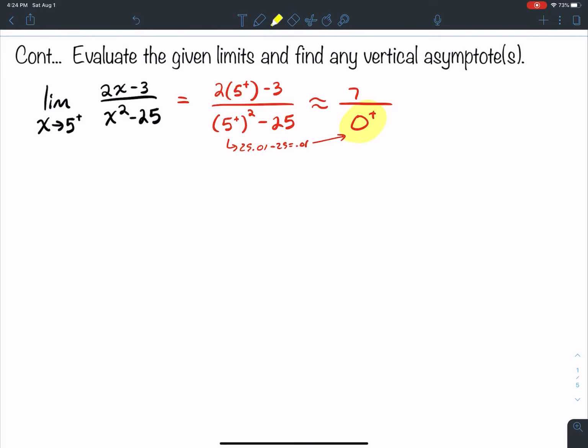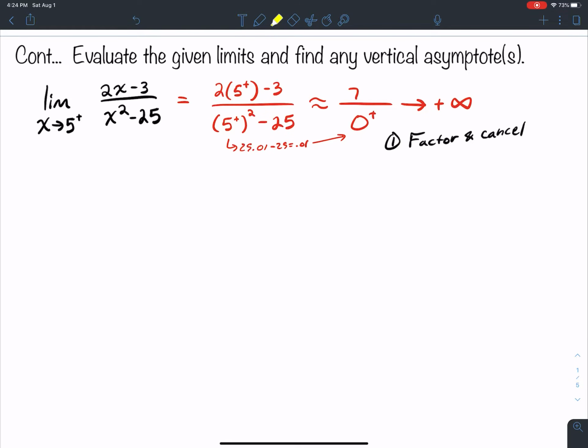When I see this positive 0 on your test or wherever, I'm going to think automatically, okay, this student is saying this is a really small positive number, therefore it's going to equal infinity. When you take a constant divided by a really small positive number, this thing's going to infinity. Okay, so that's kind of what I'm looking for on your exams, that notation with the positive 0.